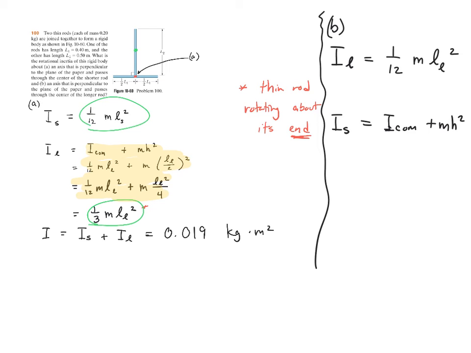The I value for the shorter rod about its center of mass is going to be the 1/12 m L_S squared. That's going to be I_COM, again, for the shorter rod. And then what is mh squared going to be again in this problem?